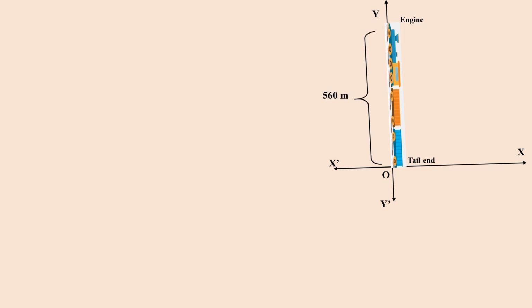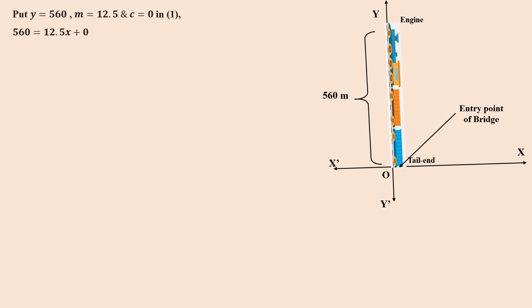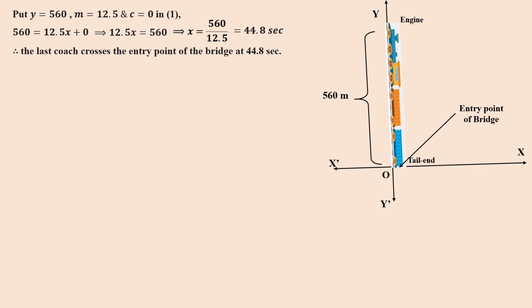So the engine should cross 560 meters, then only the last coach will touch the entry point O. So y is equal to 560, m is equal to 12.5, c is equal to 0 in equation 1. So 560 equals 12.5 into x, so x is equal to 560 by 12.5, that is 44.8 seconds. So the last coach crosses at 44.8 seconds.